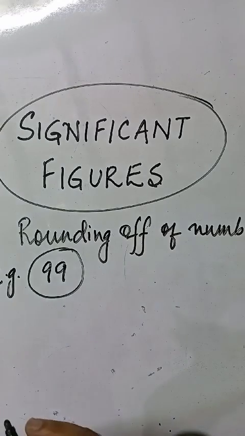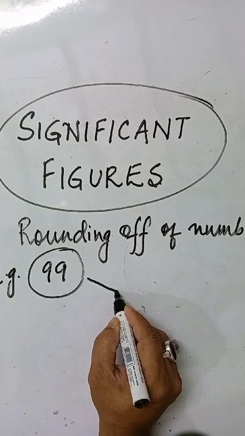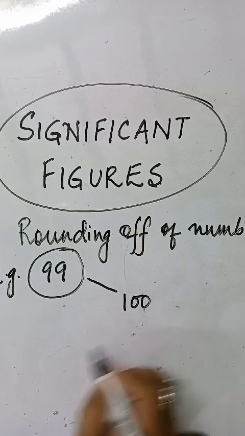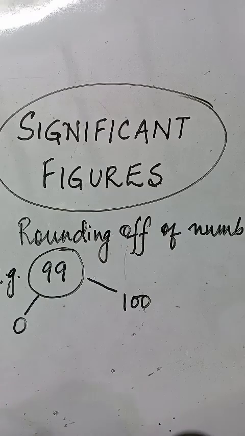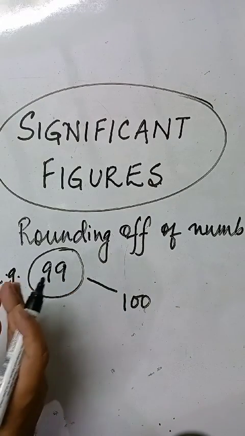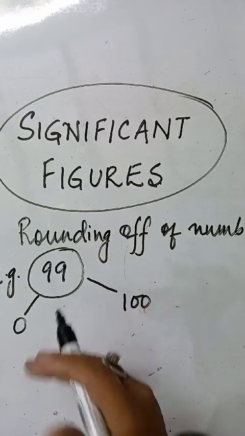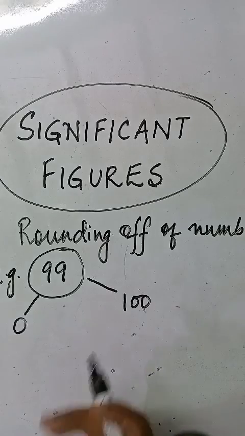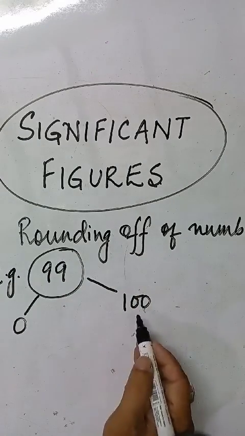Please note, children, that we have to round off 99 to the nearest 100. If you go to the right, the immediate next hundred is 100, and if you go to the left, you have 0. I'm not talking about the immediate left number, but in terms of hundreds. The difference of 100 gives you 0 and 100.